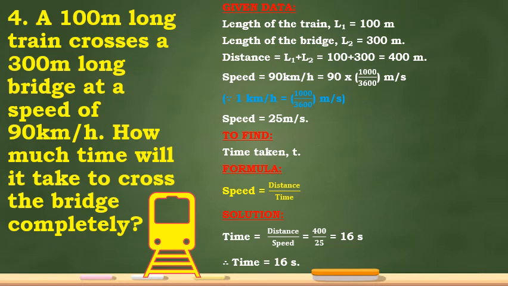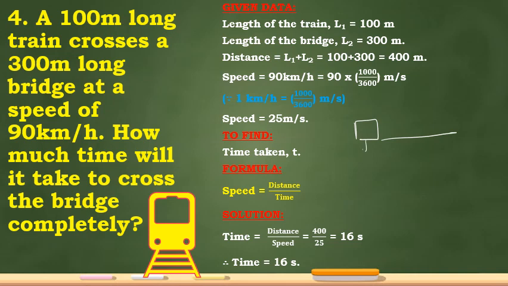Now let's look into this question. A 100-meter long train crosses a 300-meter long bridge at a speed of 90 km per hour. How much time will it take to cross the bridge completely? The train's length is 100 meter and it has to cross 300 meter. The train is here and the bridge is here.